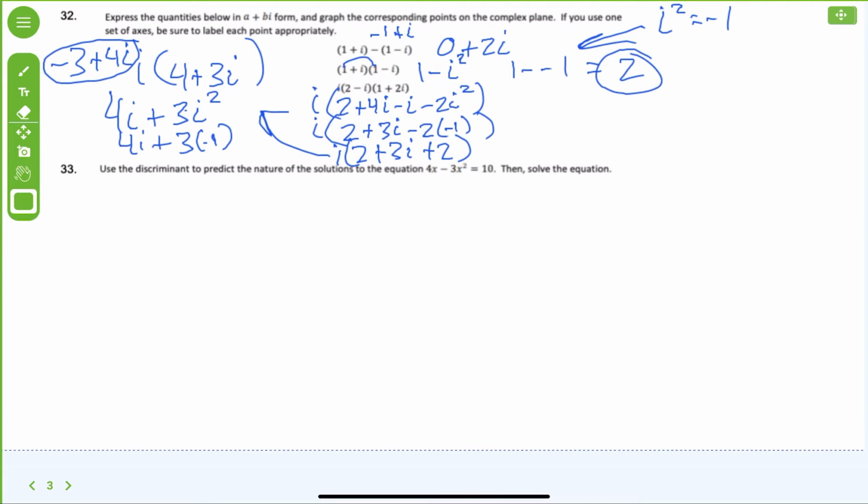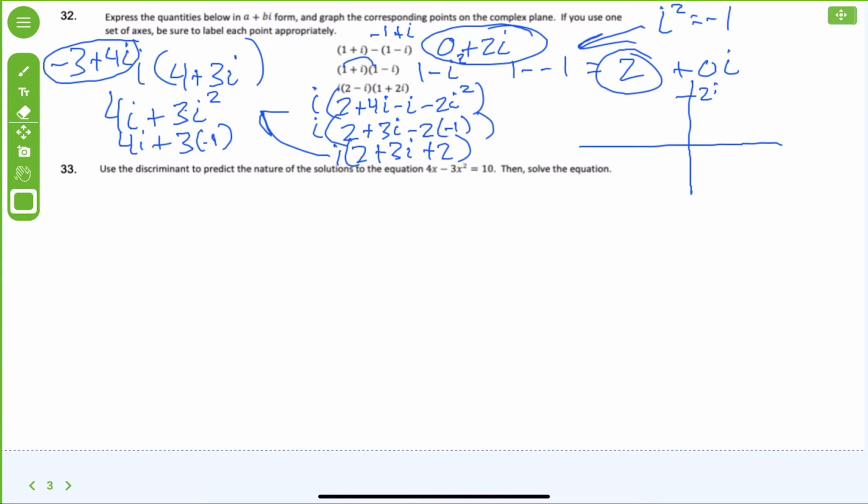Okay, so this one's 2. So it'll be 2 plus 0i, so no i's there. So it's just going to be 2. And then did it want us to graph it? And graph it. Okay, so let's go over here.